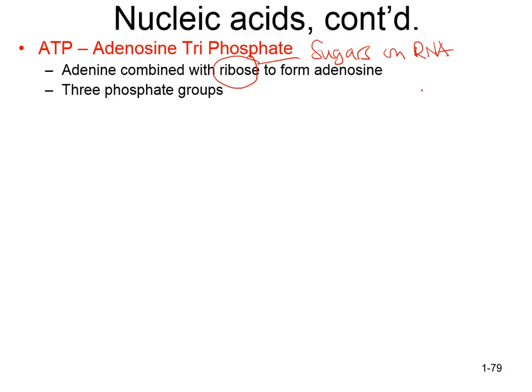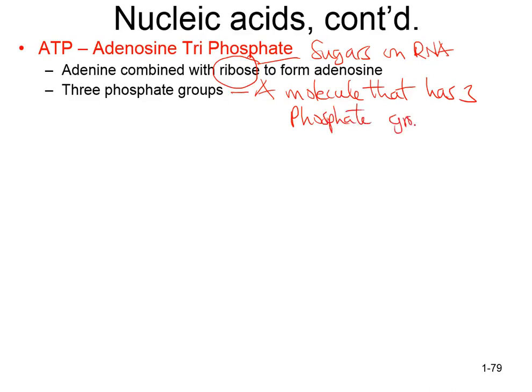So adenosine triphosphate is a molecule that has 3 phosphate groups. I will show you what these groups are.